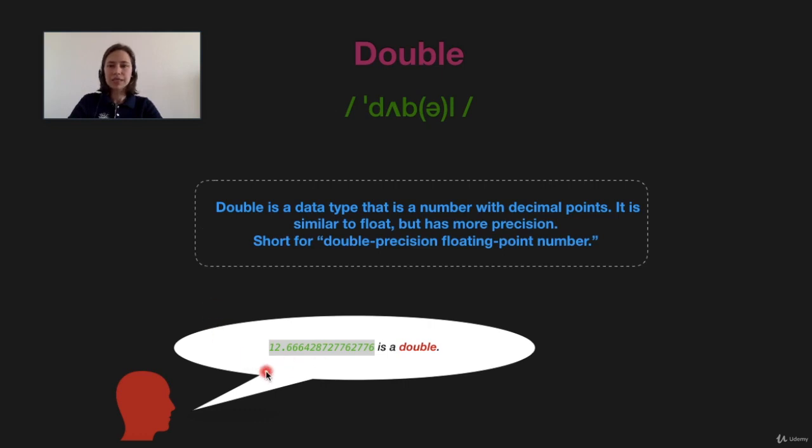And here you can see an example of a double. 12.666428727762776 is a double, right? So this number has a data type of a double.